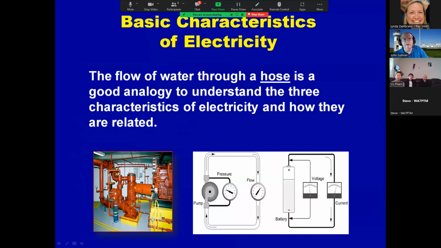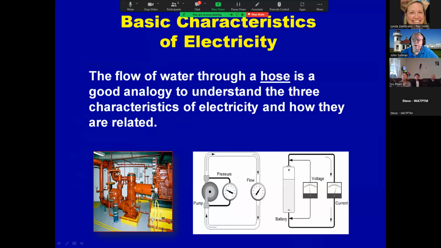So a way to maybe better understand some of these concepts of voltage and current flow is to think of an analogy of how water flows. The flow of water through a hose can demonstrate the characteristics of electricity and how it flows through a circuit.